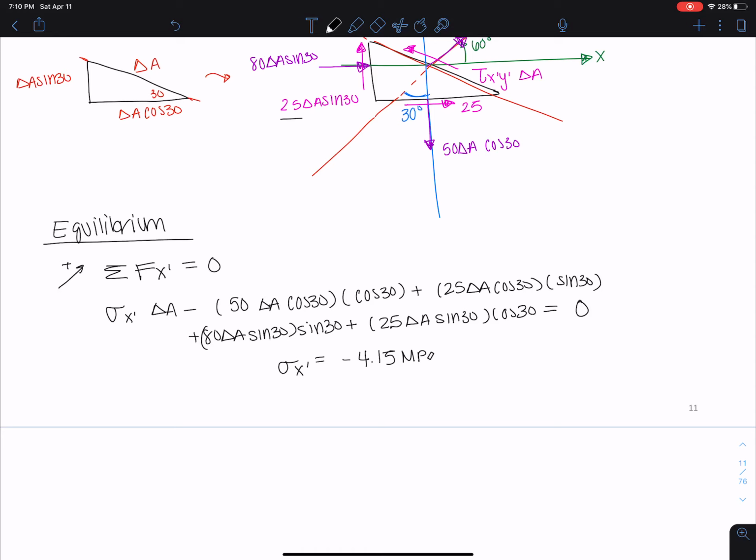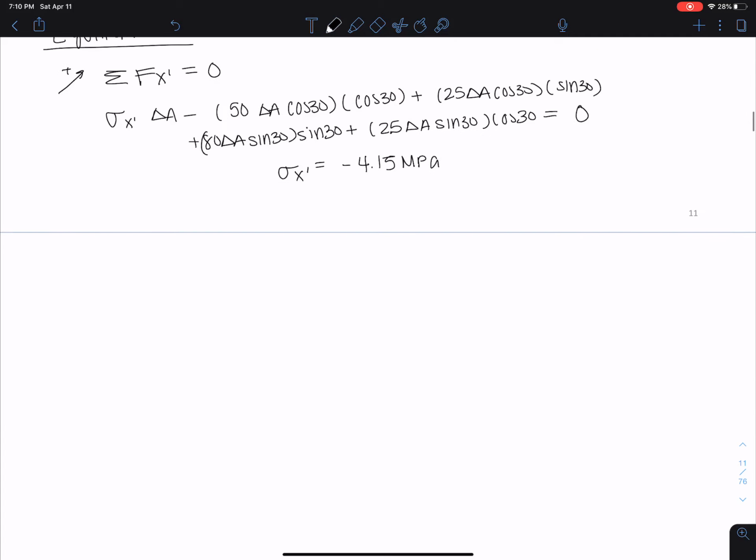And now we can do the same thing. Sum forces in the y prime direction. Say this direction is positive. Set everything equal to 0.